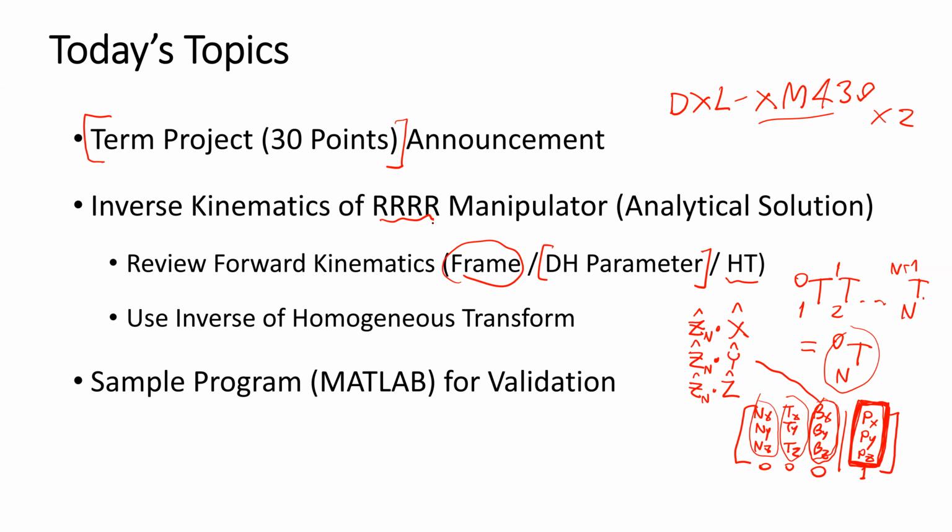And you may need to organize how we can have 4 motors per group for this assignment. And of course, for this term project, the main thing we need to do for the 4 revolute joint robot is to obtain the inverse kinematics.